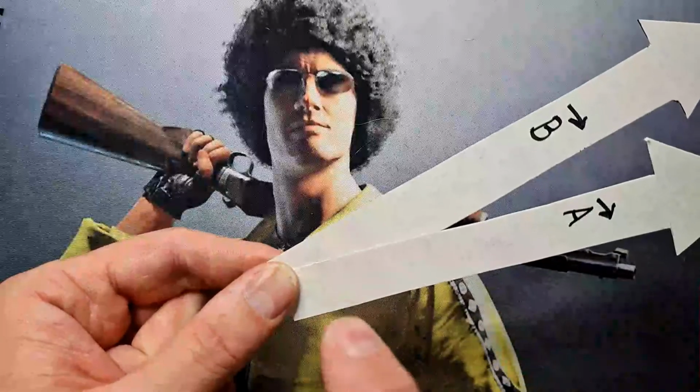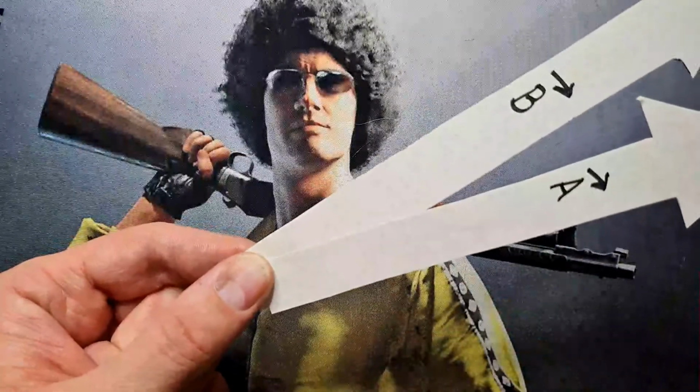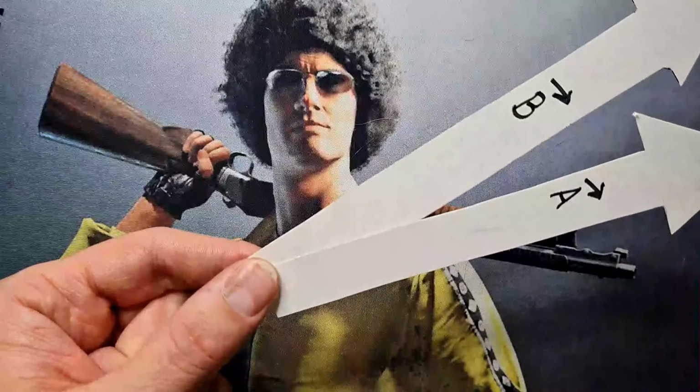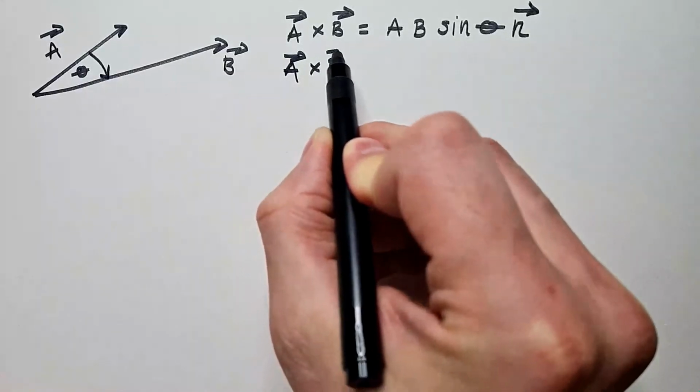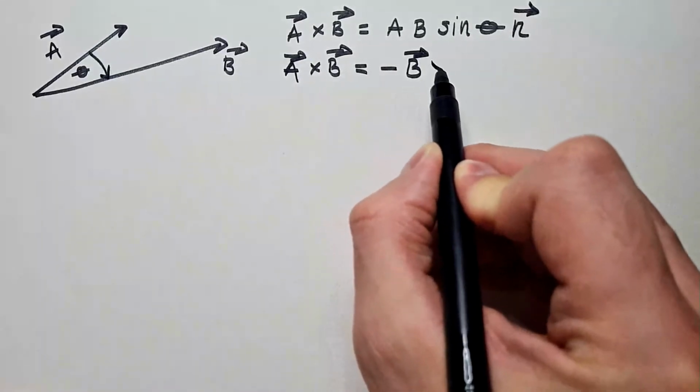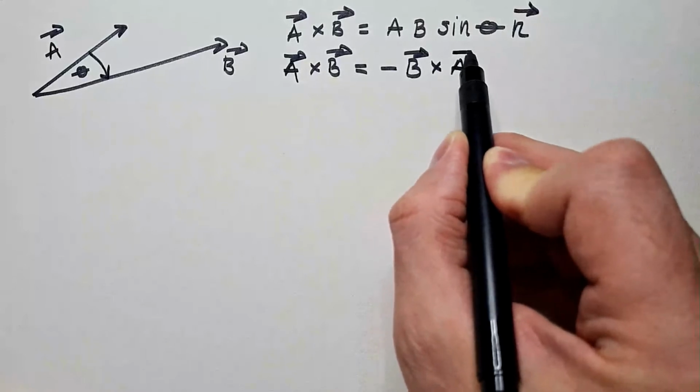Magnitude is the same, but the direction of these unit vectors are opposite, and therefore B cross A is minus A cross B. A cross B is minus B cross A.